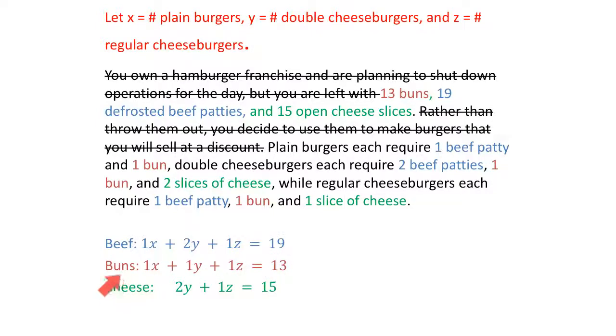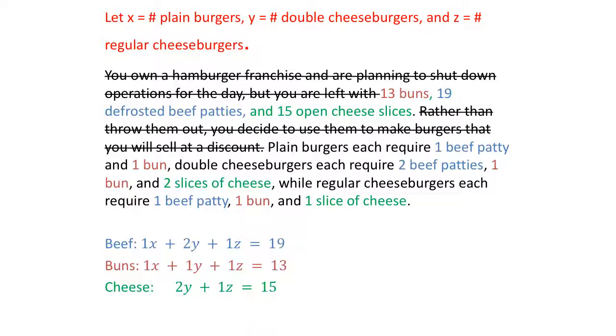In terms of buns, each type of burger has only 1 bun, and I have 13 total buns. So I know I'm going to have 13 total items to sell, right? These burgers. Cheese. My plain burger doesn't have any cheese on it at all, so I don't include an X. My double cheeseburger has 2 slices of cheese, and my regular cheeseburger has 1 slice of cheese, for a total of 15 open slices of cheese.